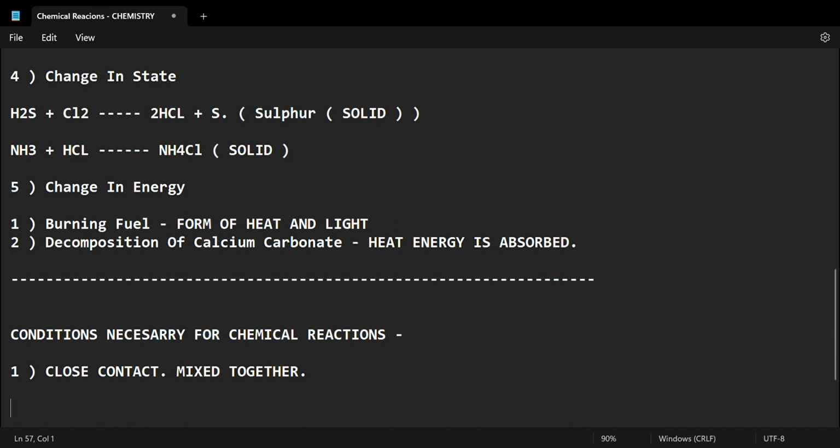Example, when sodium metal comes in contact with cold water, an explosive reaction occurs. That is why when you have sodium, never wash it right away.